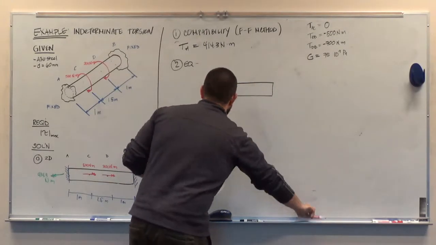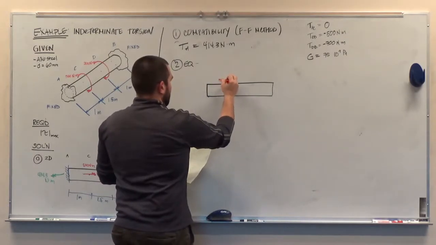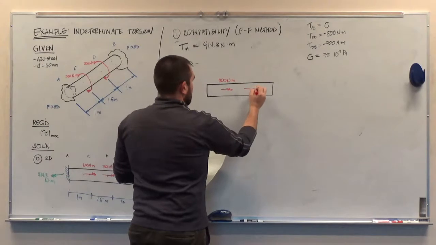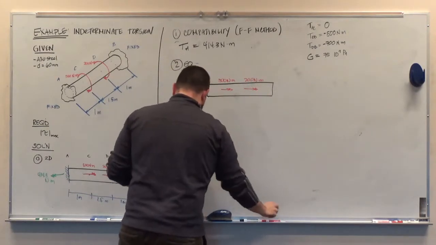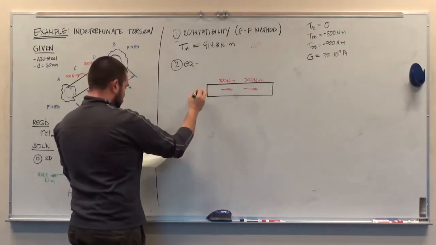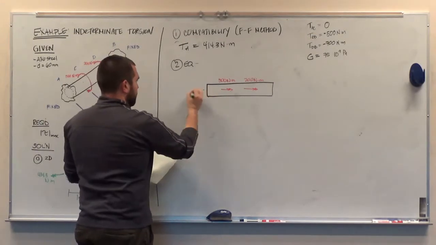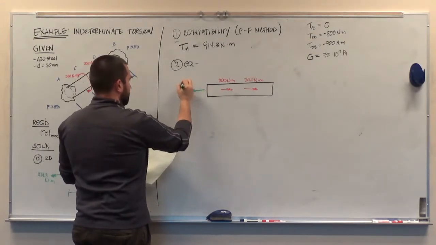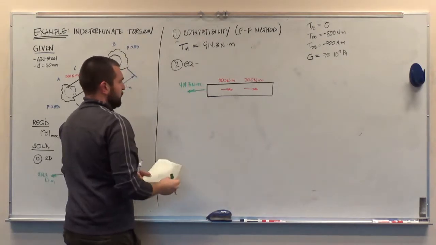I'm going to show the externally applied torques, 500 Newton meter, 200 Newton meter. I have my support reaction, I guess green's okay. I have my support torque here of 414.3 Newton meters.